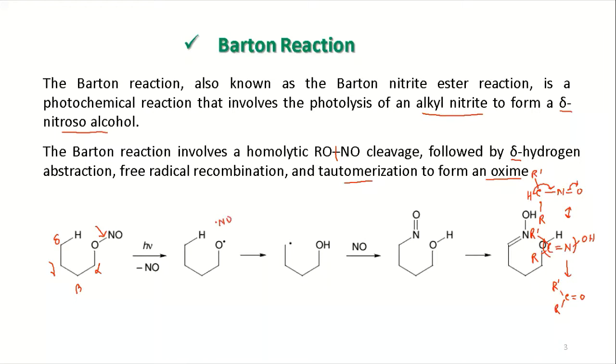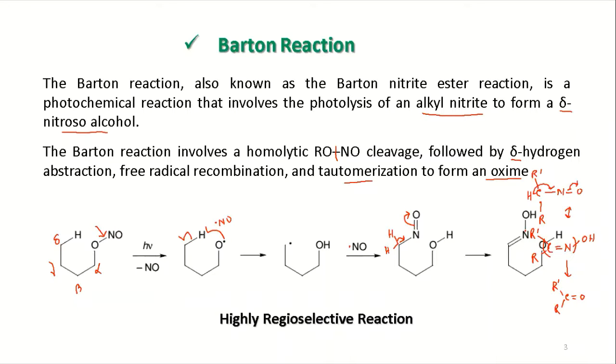So O dot can easily abstract the hydrogen to generate this radical. So this radical OH, and here the radical. And since you have NO dot, now they can recombine, and you have this one which can undergo tautomerization. So you have hydrogen here, so you will have the tautomerization, and you have the oxime formation.